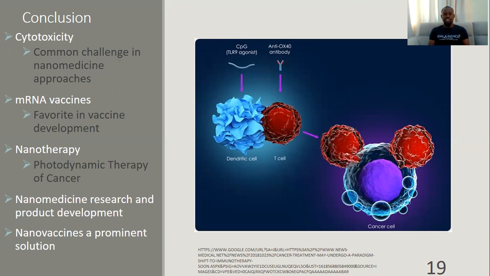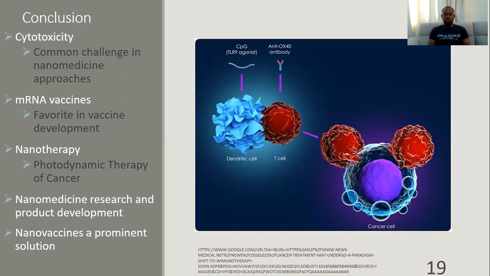However, it is highly unstable, and hence it requires the aid of nanomaterials in order to thrive within the human body and to have a prolonged time within the blood circulation.